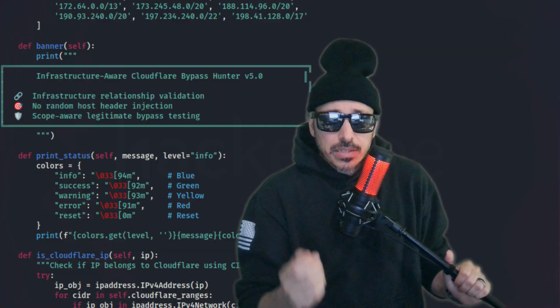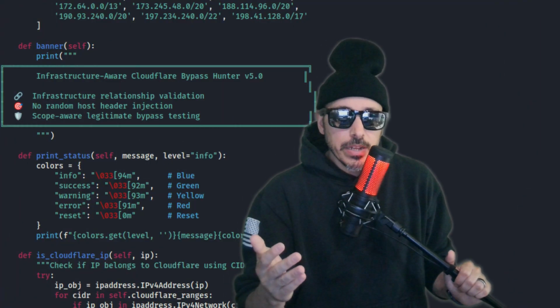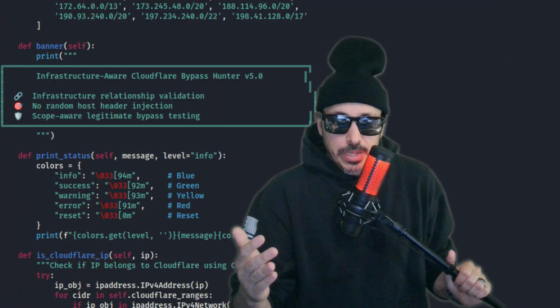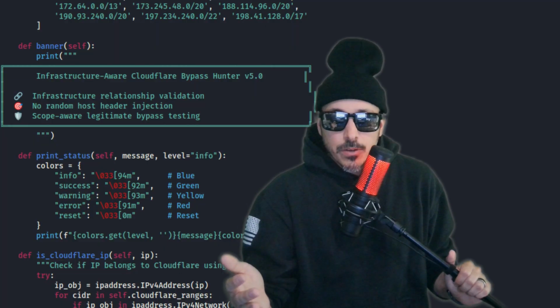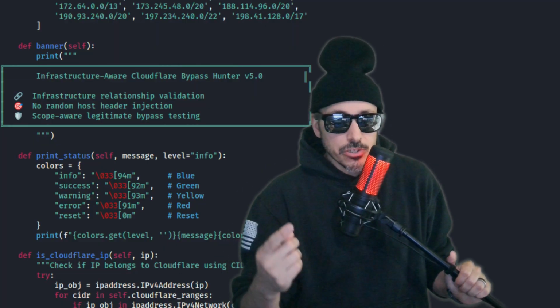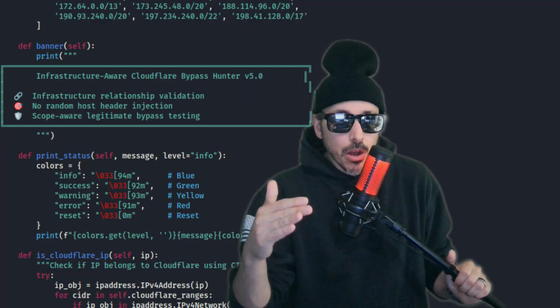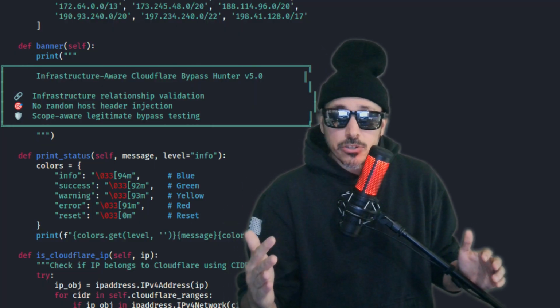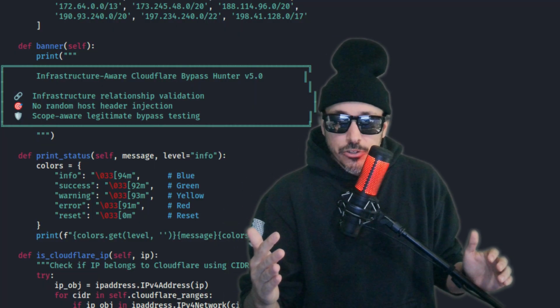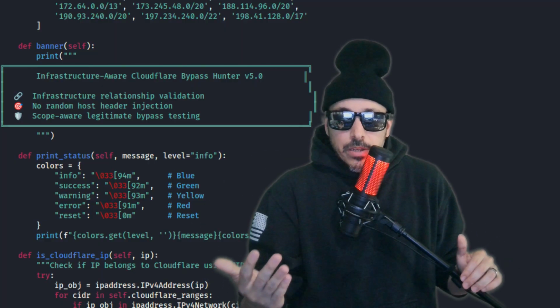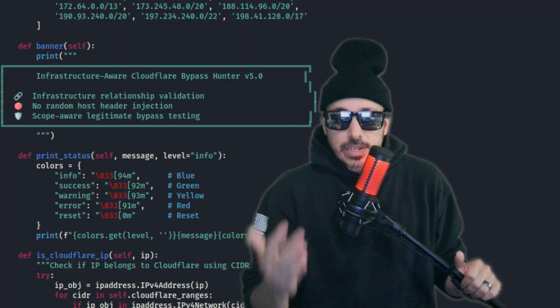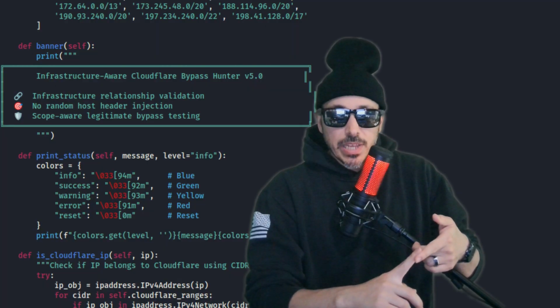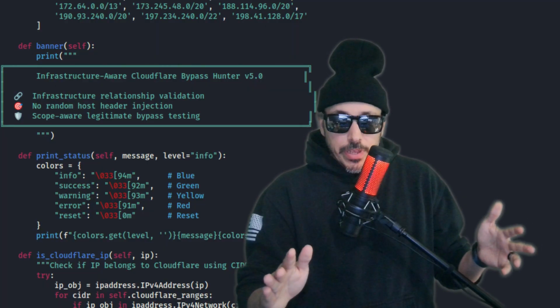When you bypass Cloudflare, you're evading all rate limiting, bypassing web application firewall rules such as SQL injection and cross-site scripting filters. You're avoiding distributed denial of service protection. You're revealing the real infrastructure technology, the technology stack, the server headers, everything.